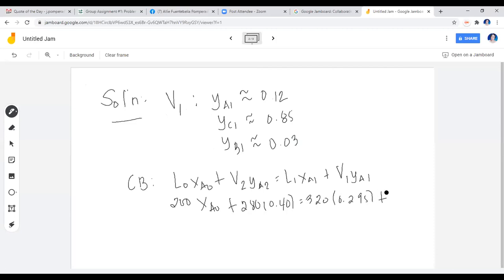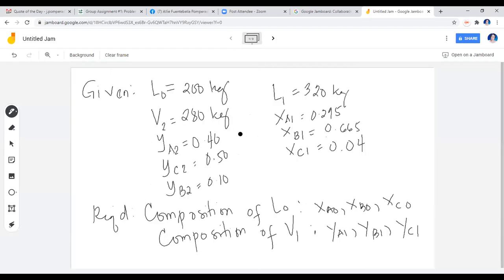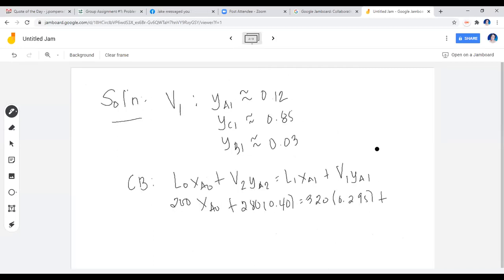And your V1, what's the value of V1? Okay, V1, we do not know, so we'll let it as is. So V1 and YA1, which we have here, this one. That's your YA1, so I'll just place it here, 0.12.